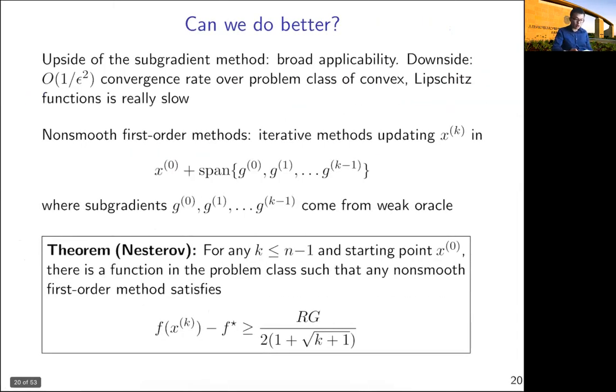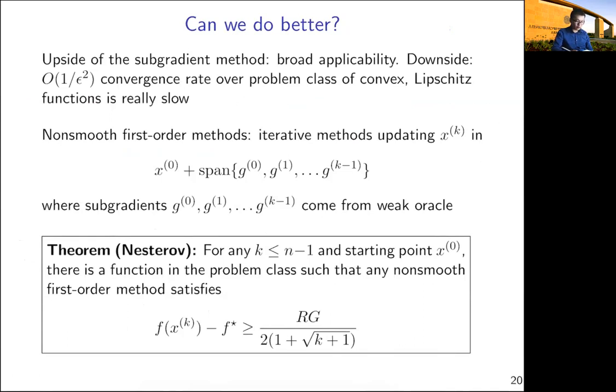One question that we'll keep asking ourselves in this course, once we have a computational analysis of an algorithm, is whether this is the best that we can do for the family of problems that we're trying to solve. It turns out that for subgradient methods, it's actually more or less optimal.